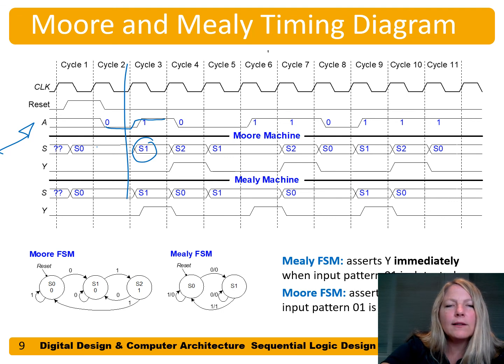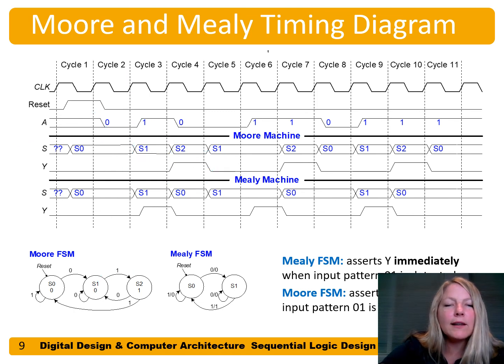And then once it sees the 1, it goes to S2 at the next clock edge. And then we see the output changing at S2. So one cycle after the 0, 1 sequence was detected, we see the output asserting to 1.